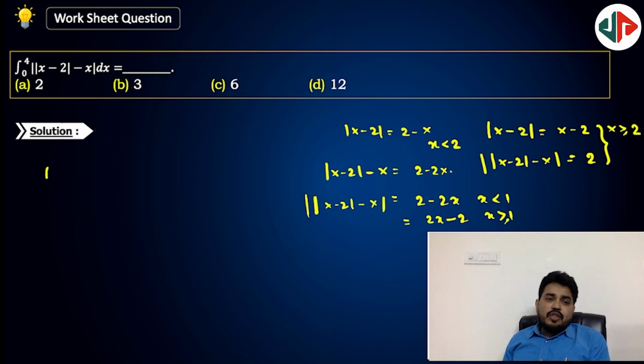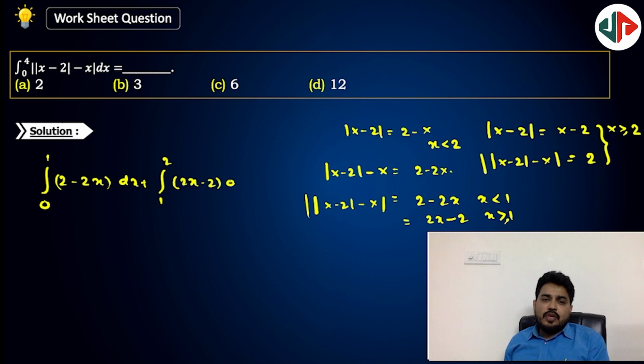So this case you can write as 0 to 1. In that case, you can go ahead with 2 minus 2x dx, plus 1 to 2, during that time you can take 2x minus 2 dx. And next one is 2 to 4, 2 dx.